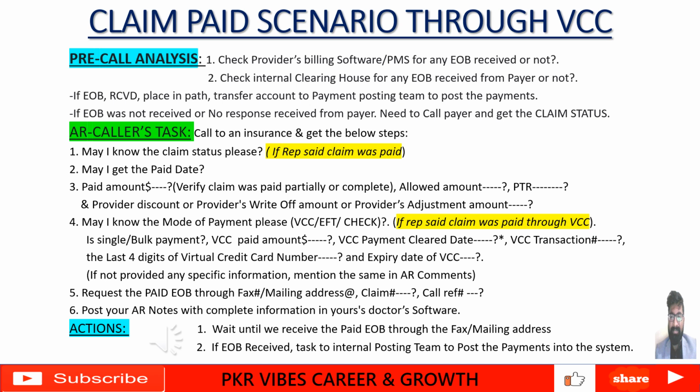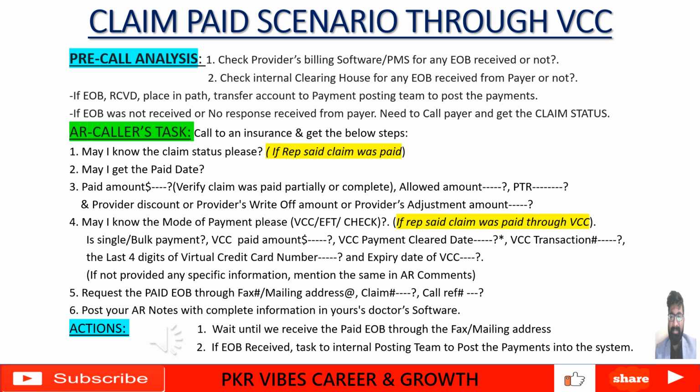For example, you requested EOB through fax. If they say that you have to wait 24 hours, or at least 24 to 72 hours, or 1 to 3 days, in that case you have to wait for 3 business days to receive the fax. That is the first action. Your TAT is 3 days.